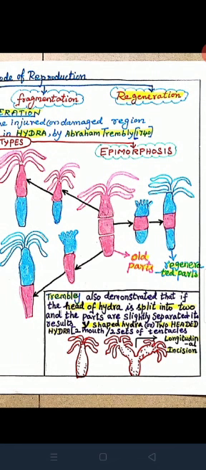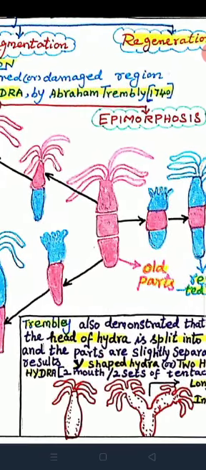When Hydra is cut into several pieces, each broken piece can regenerate its lost part or missed part. How is it possible? Because the broken pieces usually retain their polarity. What is polarity? Polarity means opposite poles, that is, oral end at the top and aboral end at the base.